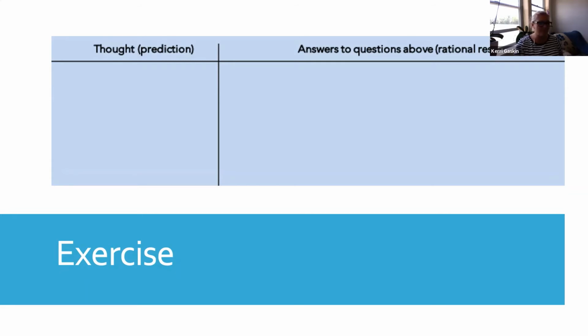Would I always be affected by this, or would I eventually get over it, eventually get through it? Right? So we need to really think about things in those contexts. So if this happened, would it be horrible? What are the likely consequences of this happening? If it happened, would I be able to cope? If it did happen, what would I do? And would I always be affected by this, or would I eventually get over it?